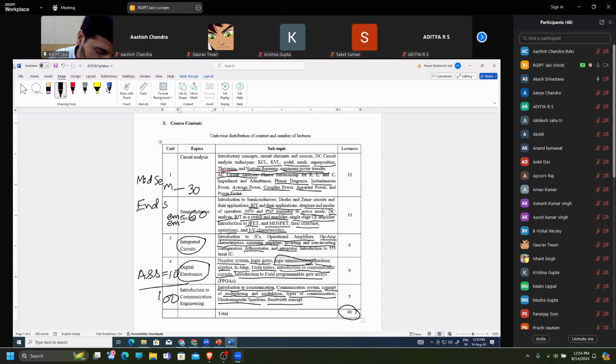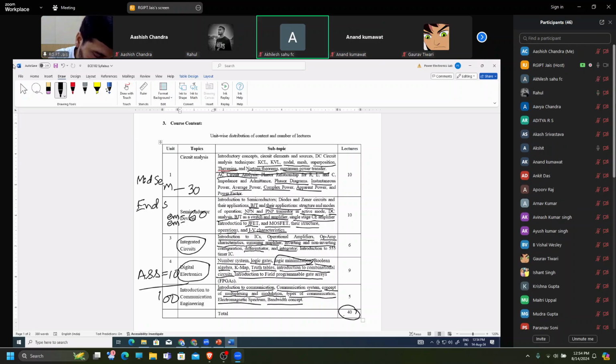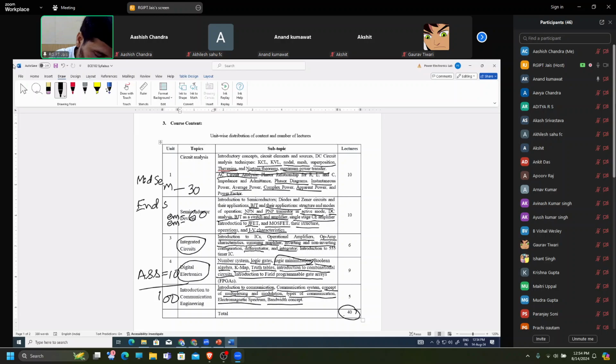Present, sir. Akhilesh Sahu. Present, sir. Akshit Taneja. Present, sir. Anand Kumawat. Present, sir. Ankit Das. Present, sir. Apurva Raj. Present, sir. Avinash Kumar Singh.